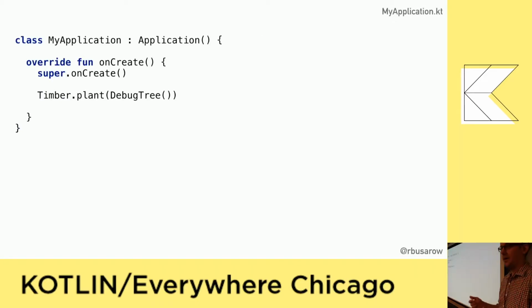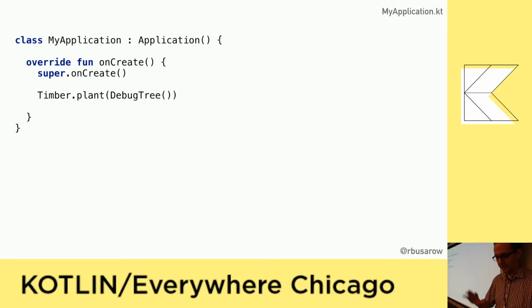So here we are in my application on create. It's not doing anything except it's adding Timber for a reason. If you don't know what Timber is, it's an awesome Android util log wrapper by Jake Wharton, and allows you to do some customization, filtering, and define different behavior for different build types.